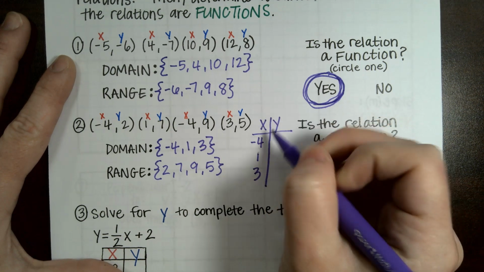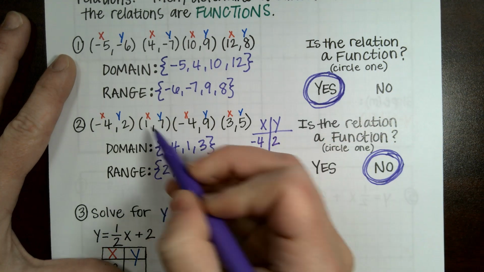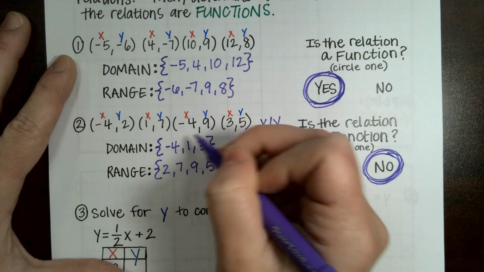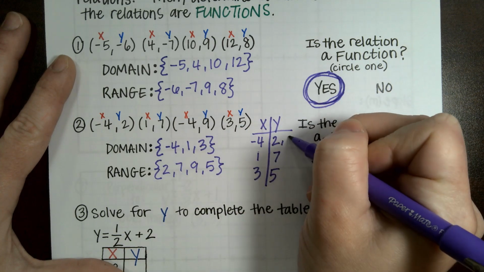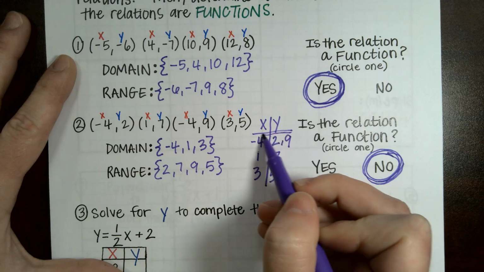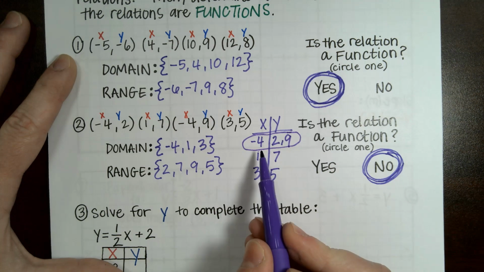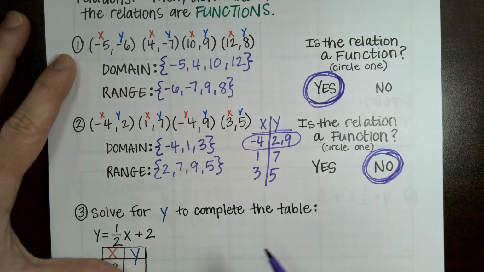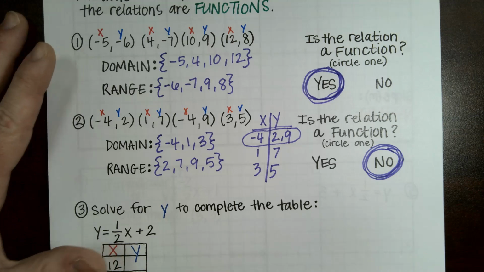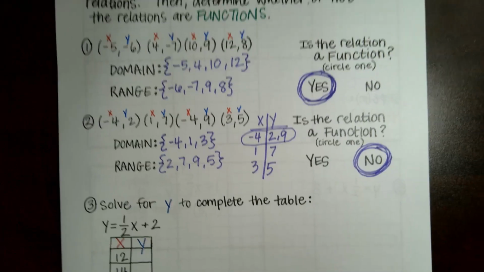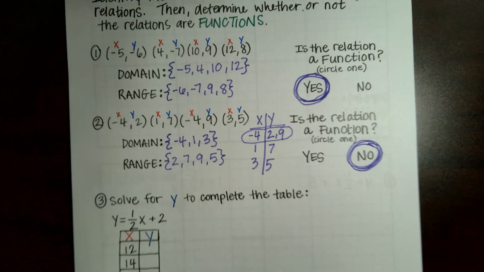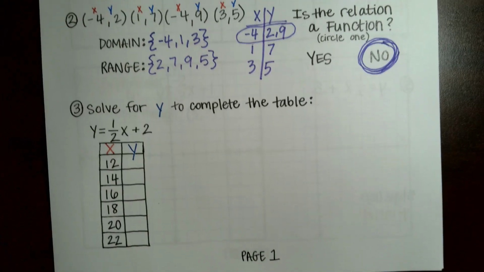And I see -4 goes with 2, 1 goes with 7, 3 goes with 5. My other -4 goes with 9. And you can see right here, my -4 has 2 y's. So it's not a function because of that. Okay, any other questions at all on numbers 1 and 2? No, we rock it. Y'all rock it.